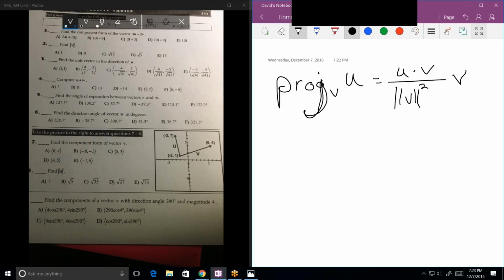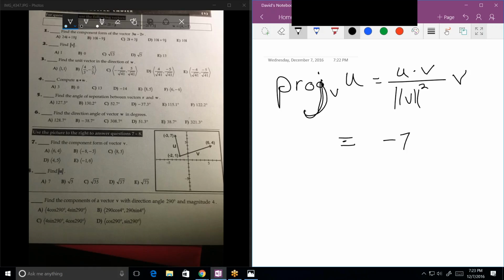So let's see if this gives us an answer that's one of the multiple choices. What's U dot V? How do you do dot product? You've had dot products. You just multiply the first, so it'd be -4 minus 3, which is minus 7.